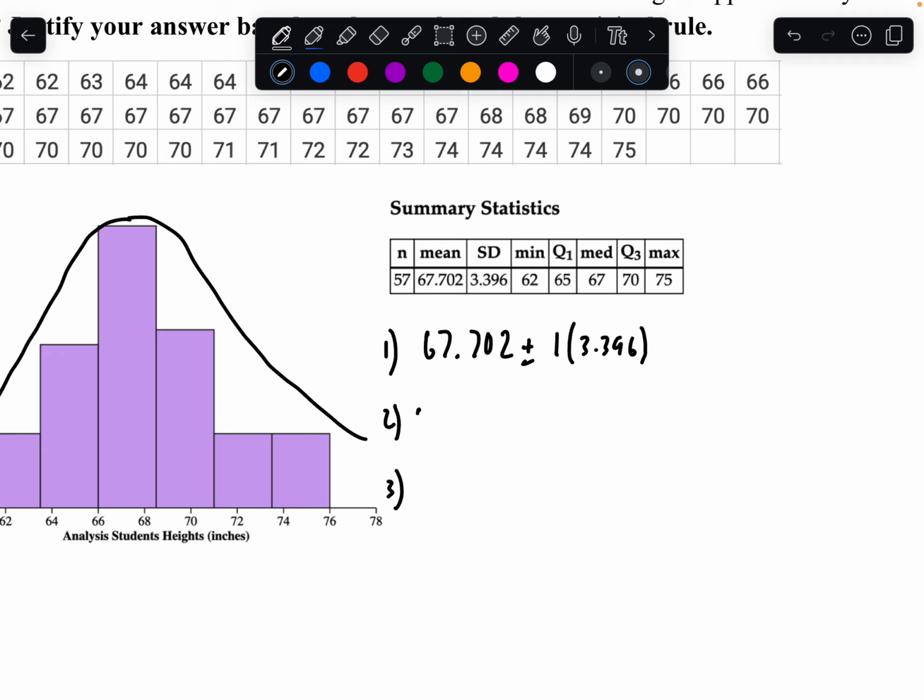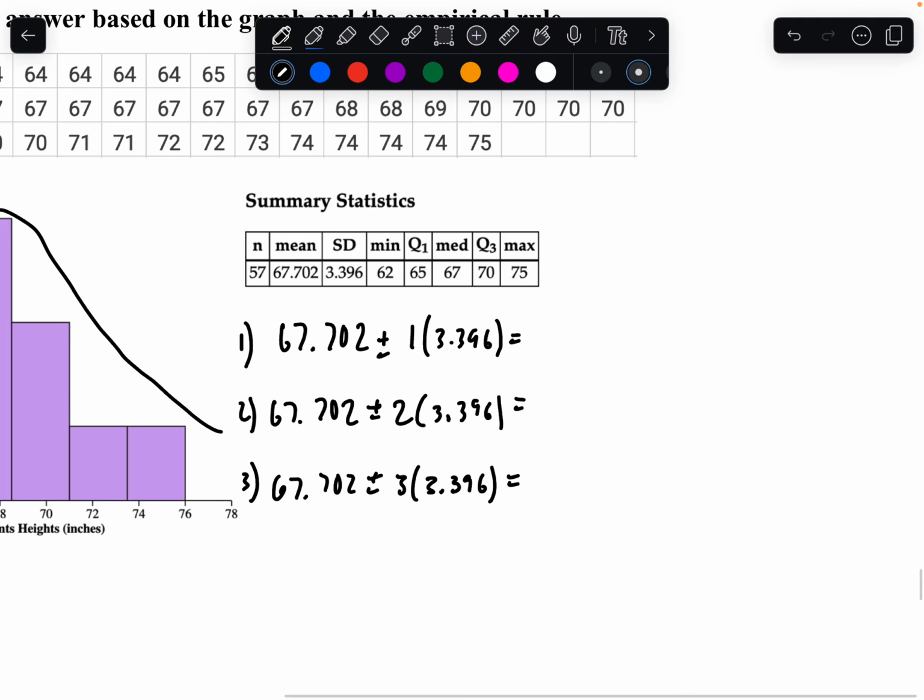Then we're going to take the mean and add and subtract 2 of the standard deviations. Then we're going to take the mean and add and subtract 3 of the standard deviations. And like I told you guys in class, I would suggest doing the subtraction first, because we want the lower value on the left side when we do intervals.